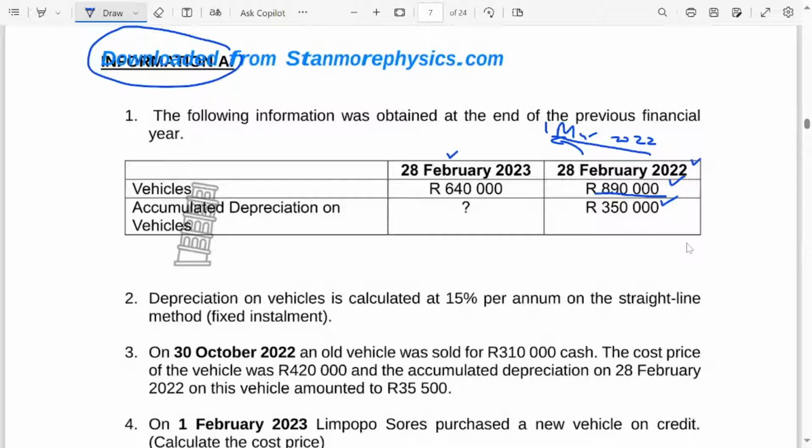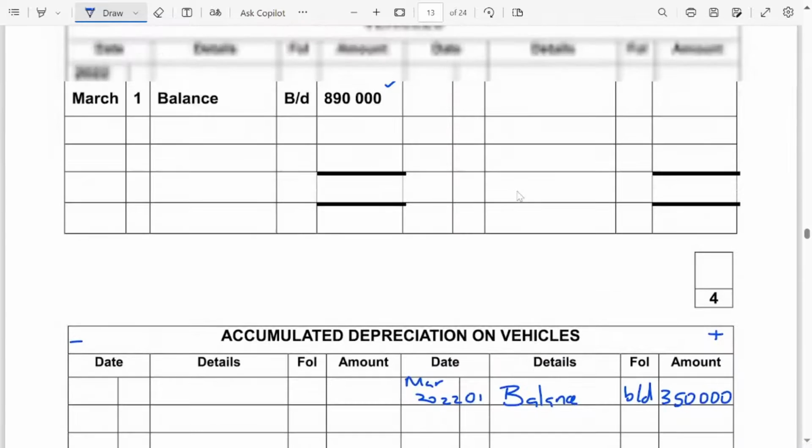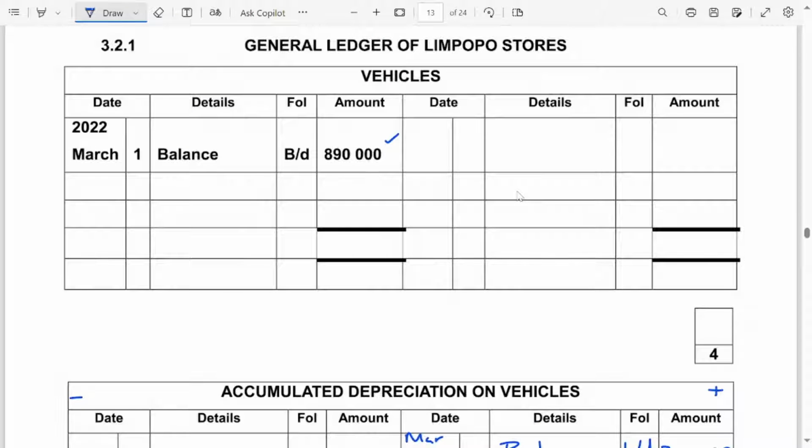And then for the vehicles, they also gave us the balance at the end, that it is 640,000. So they gave us the closing balance, 640,000. The closing balance of the vehicles is going to be here on the credit side, on February 2023.